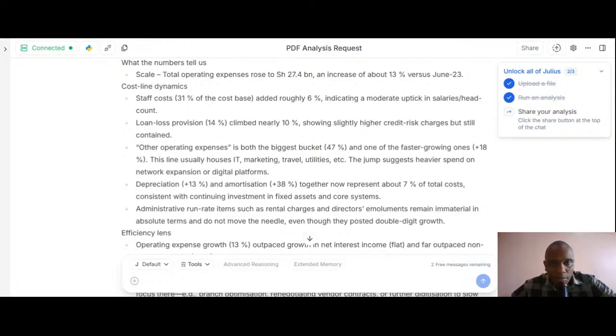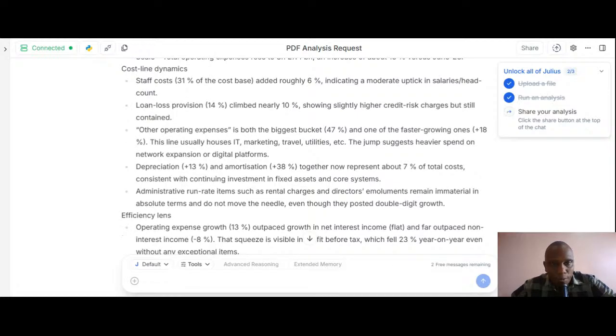Scale: total operational expenses were 27 billion, an increase of about 13%. Staff cost is 31% of the cost, added roughly 6%, indicating a moderate increase in the salaries. Loan provision was 14%, climbed nearly 10%, which means slightly higher credit risk charges.